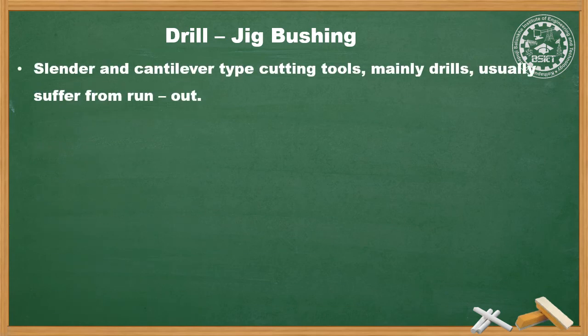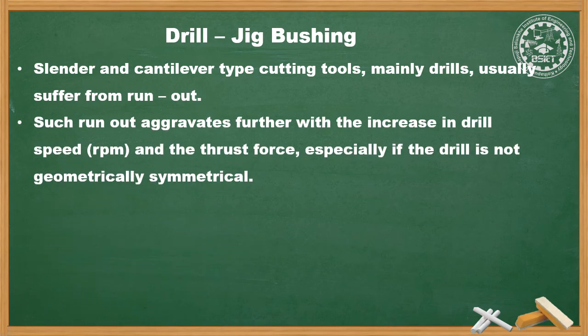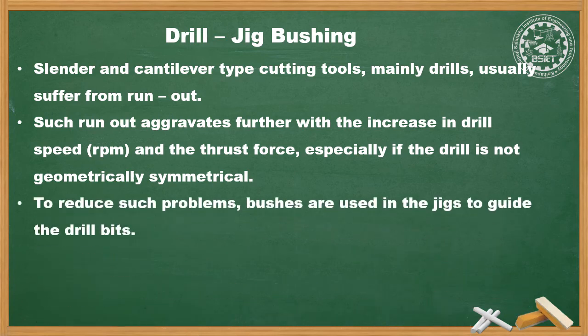The bushes used to guide and properly locate drills, reamers, etc., are generally made of carbon or alloy steel and made wear resistant by hardening to RC60 and above. Often bushes are also made from grey cast iron for anti-friction and protection of the tools.